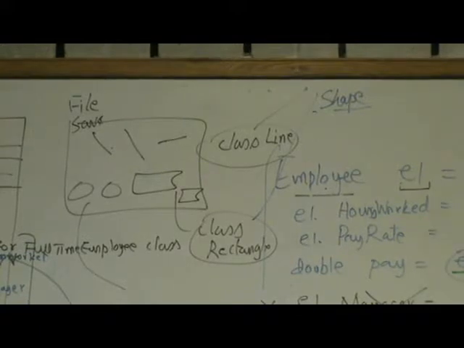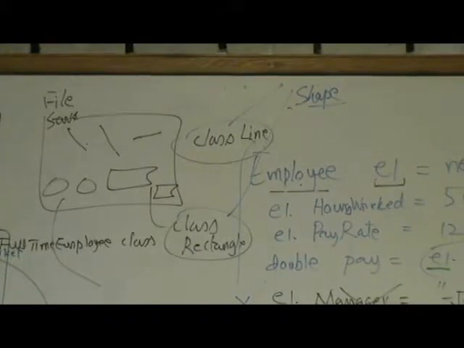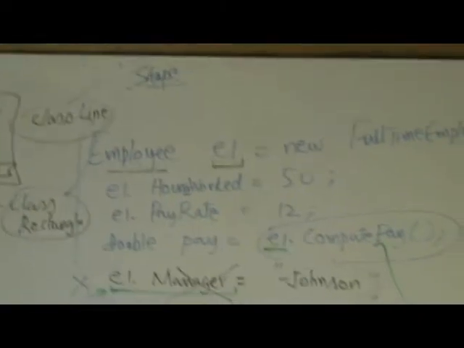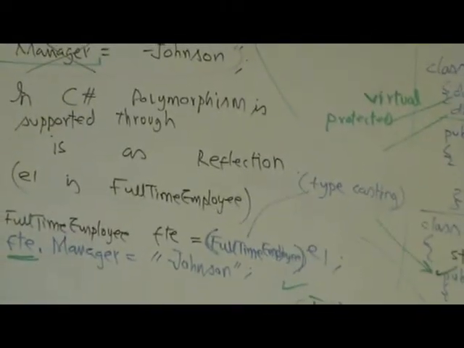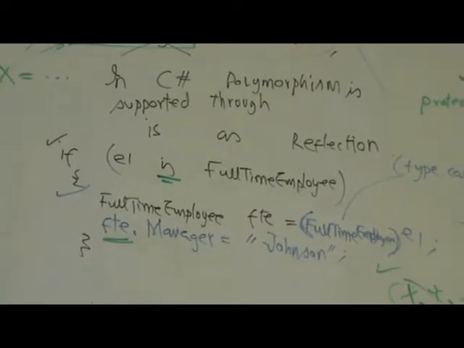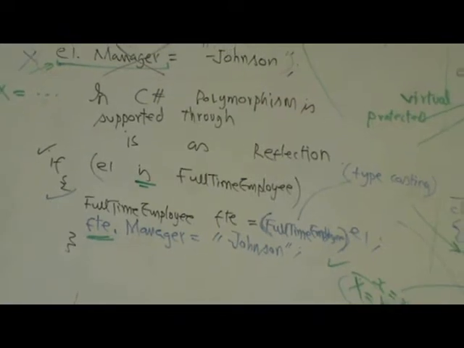Okay. And can we selectively call methods from the base class or the derived class? Anytime you are trying to call it through the base class reference, you have to use either the is operator or the as operator or reflection. Otherwise, you won't be able to call them.